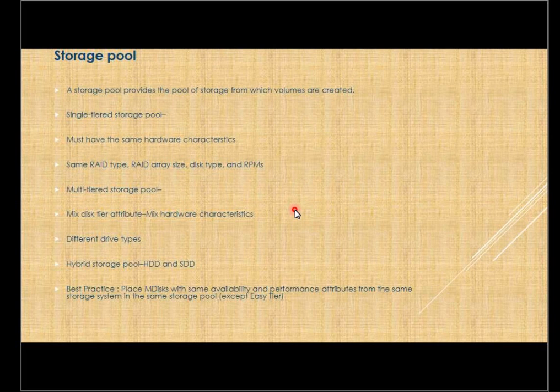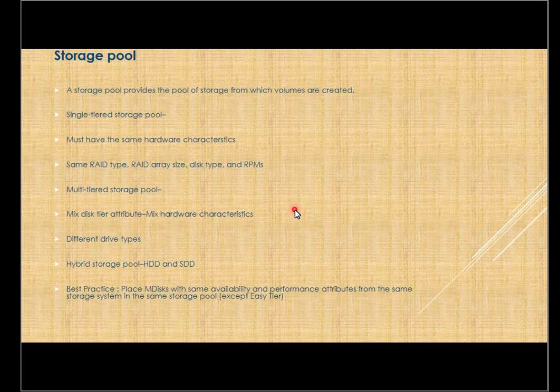They should be of the same RPM. For example, as we discussed before, we can have majorly NL-SAS drives, SAS drives, and SSD drives. So in the case of a single tiered storage pool, we can either have SAS drives, or NL-SAS drives, or SSD drives. Whatever MDisks we are taking while forming a storage pool, we have to make sure that they belong to the same category.